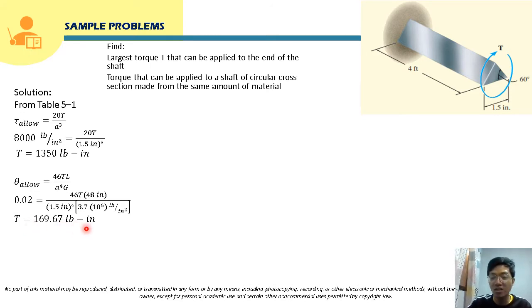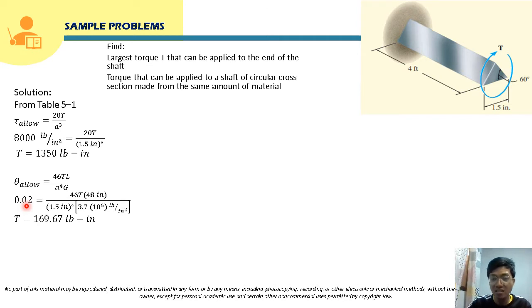The reason is that if we use the larger value and substitute it for T in the formula for the allowable angle of twist, the angle of twist will exceed 0.02.